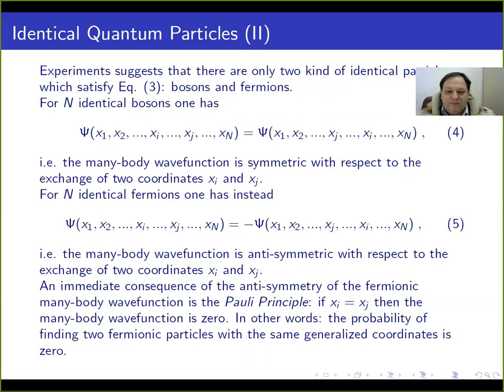This is indeed the Pauli exclusion principle. That is a principle in the original formulation of Pauli, and here, if you want, it becomes a consequence of the definition of the many-body wave function of identical fermions.